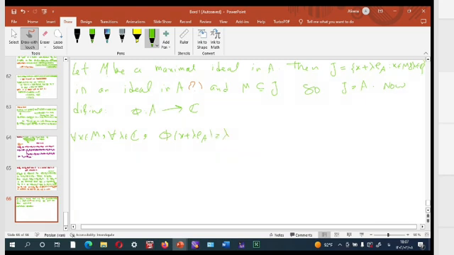Please note that these elements are all elements of A, so we define this φ on the whole of A. Then clearly φ is in Φ(A) and the kernel of φ, M_φ, equals M.